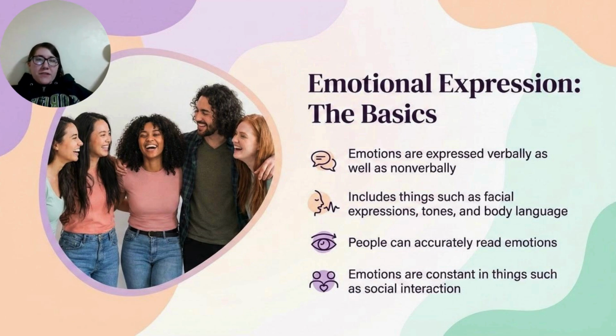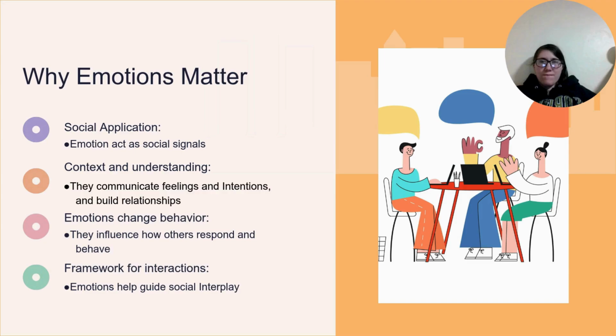People can accurately read emotions based off of both the verbal and nonverbal. And emotions are always going, they're constant during social interaction as well as when you're by yourself, over messages and such. There's always something going on involving your emotions.